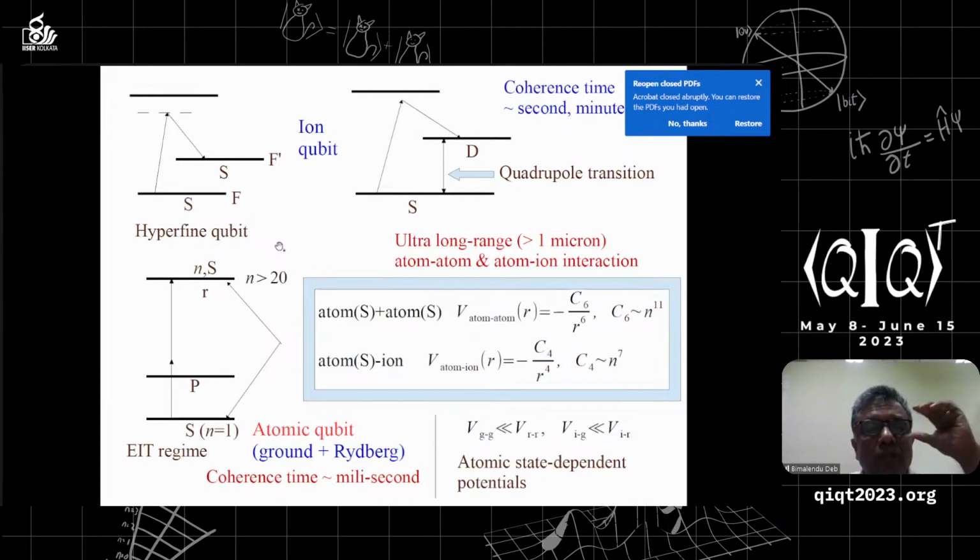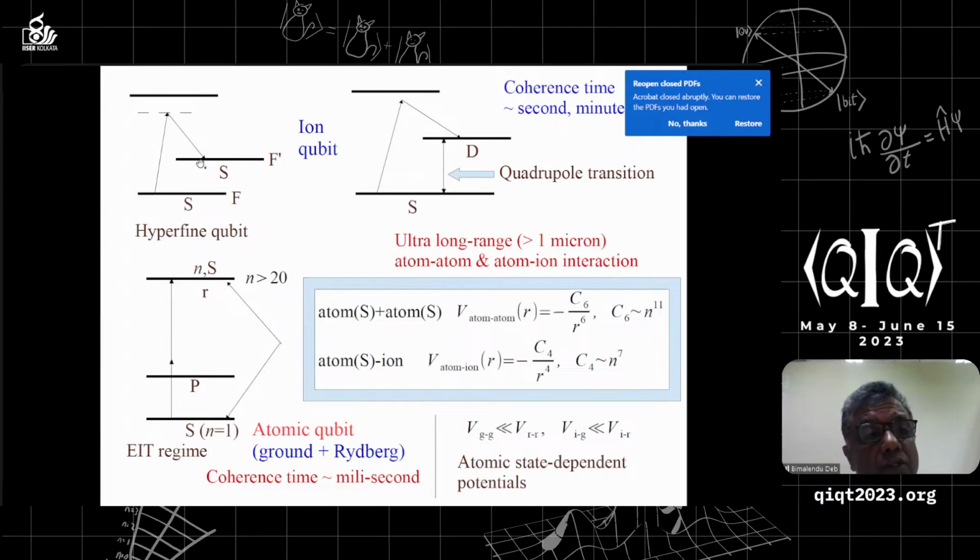In the case of ion traps, one can consider two kinds of qubits. The hyperfine qubit is in the electronic ground states, and one can choose two different hyperfine states in the ground state manifold.